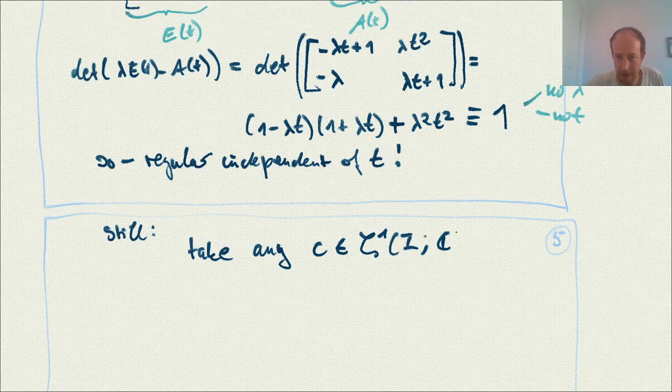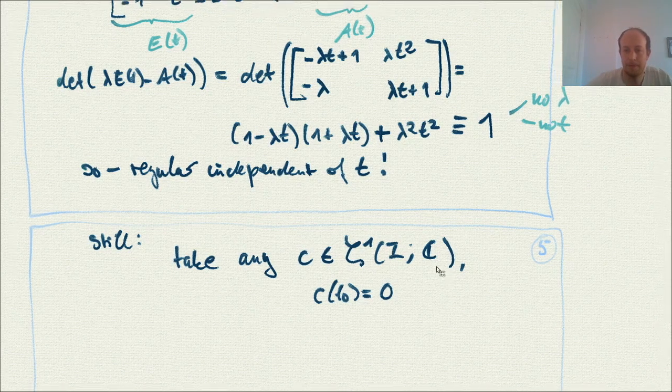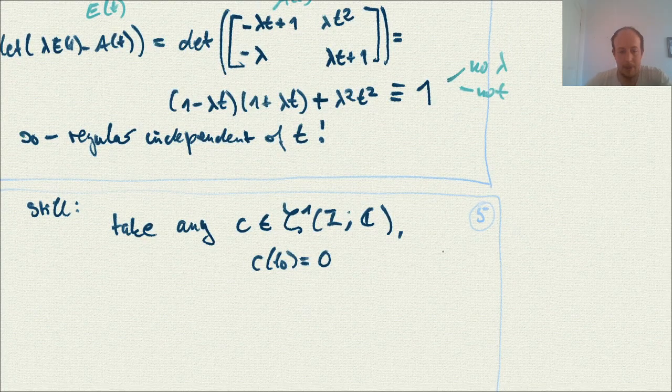This is just a coefficient function, so this should be a differentiable function with values in the complex numbers, with c(t0) equal to 0. Need an example. What about sine of t minus t0? This is 0 at t0, and this is differentiable.